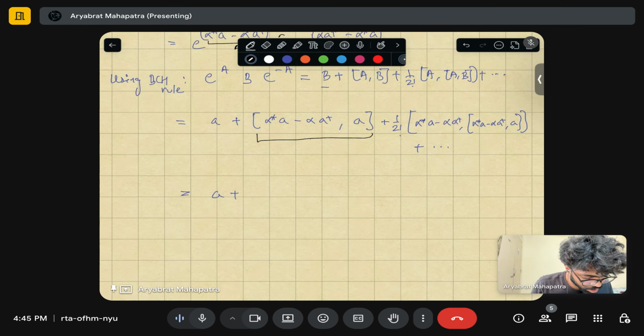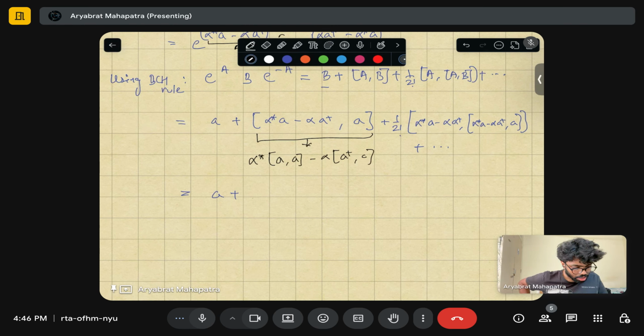First, this commutator you can write as alpha star A, A commutator, minus alpha A dagger, A commutator. The commutator of A with itself is zero, and the A dagger, A commutator is minus one, as I was telling you before.